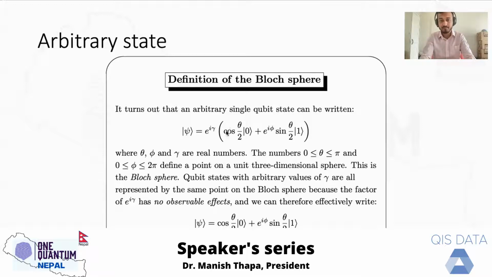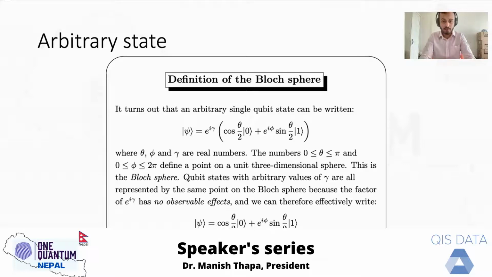Or, I don't know, 1 by root 4, root 3 by 4, right? And you can choose theta and phi such that it gives you those different states, right? And theta will be from 0 to pi, and phi will be from 0 to 2 pi. They define a point on a unit 3-dimensional sphere, and that is Bloch sphere, right?